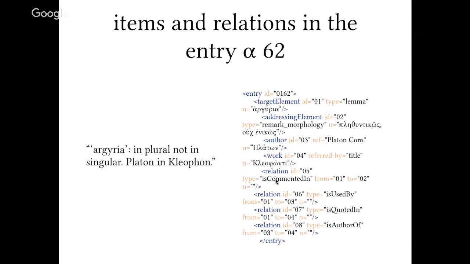In that case, we have a lemma, and we have an addressing element that is of the type remark concerning morphology. The relation I'm using to connect these two things is commented in, which is a very generic relation that appears connecting several different target elements and addressing elements.